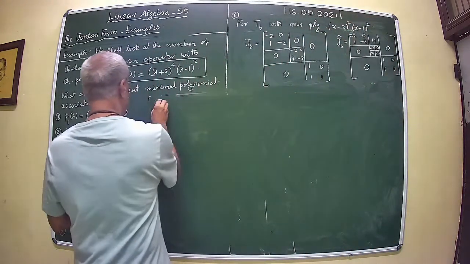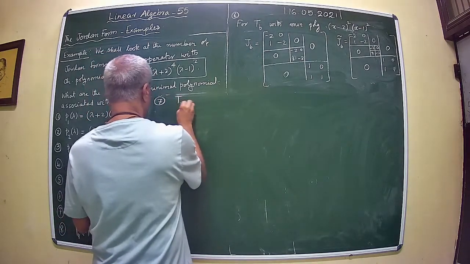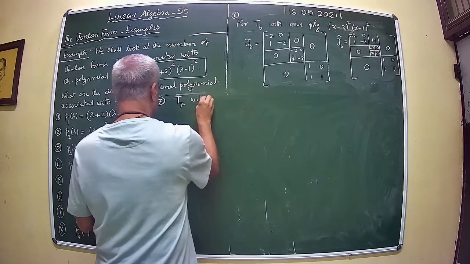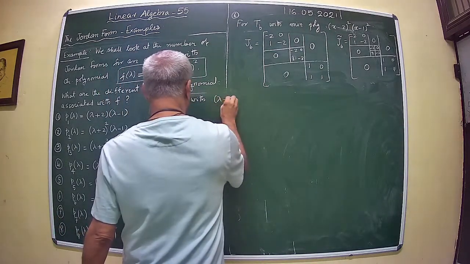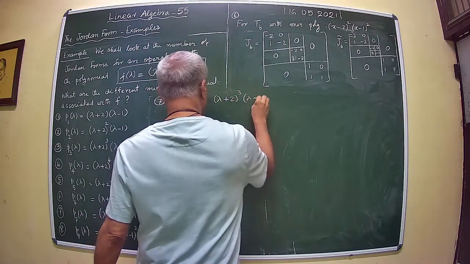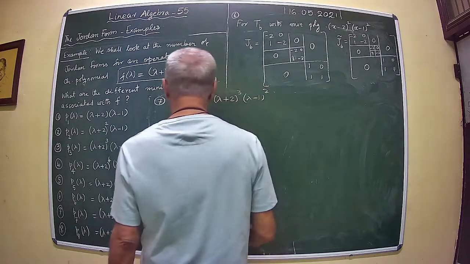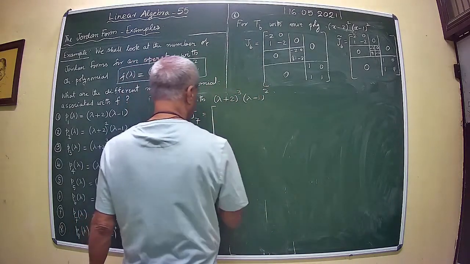So 7, you take T7 with lambda, J7 takes this form.